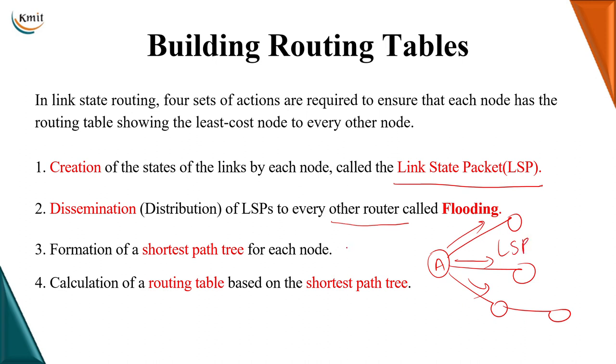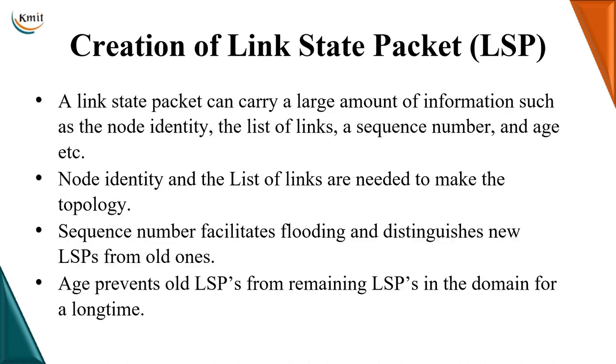Then, after creation and dissemination of the LSP, we form a shortest path tree for every node, which shows how A can reach all the other nodes in the network by the shortest path possible. And how is this shortest path tree constructed? It is constructed by calculating a routing table based on the shortest path algorithm.